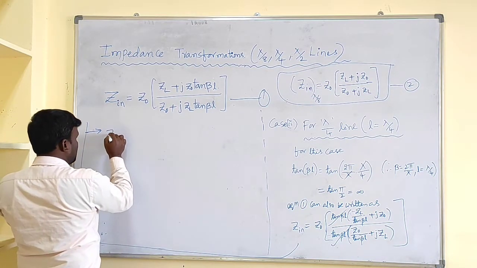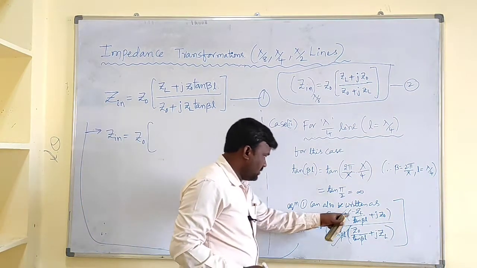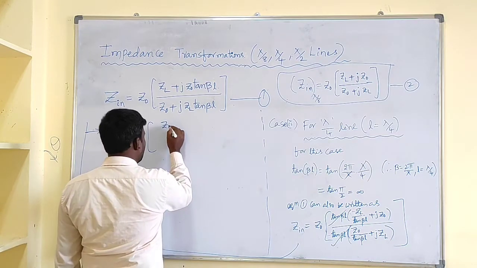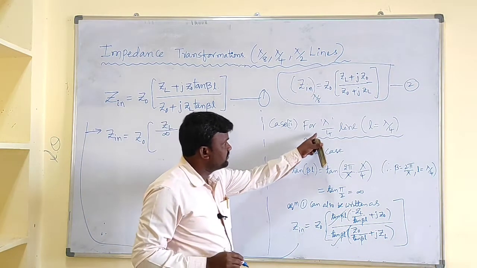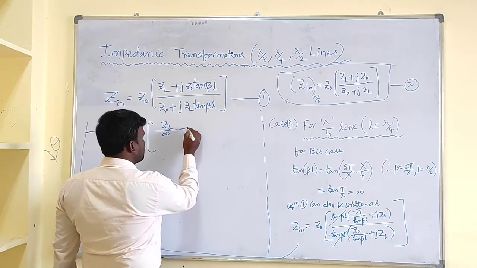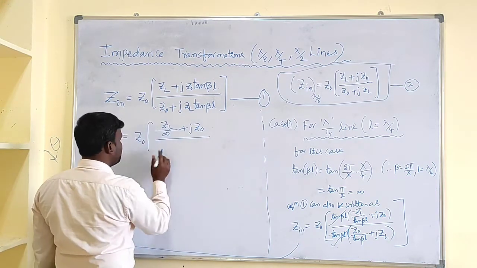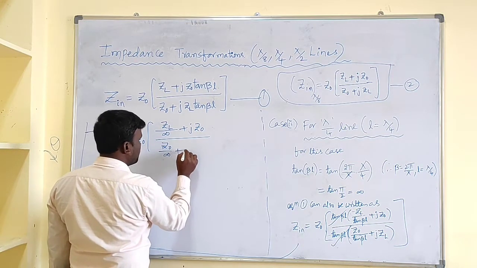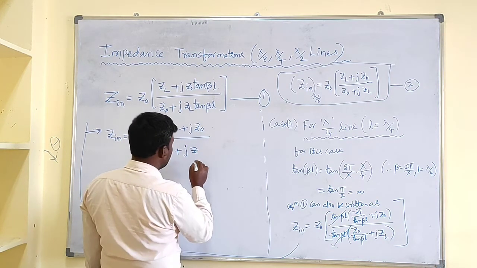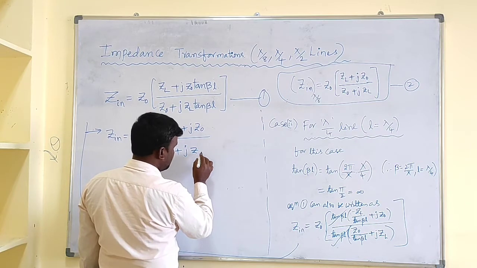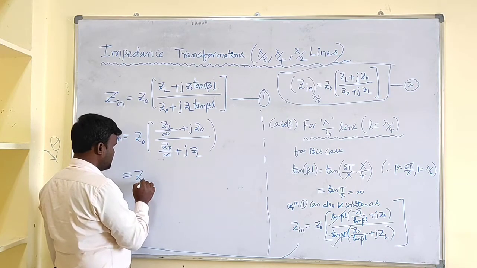So Zin is equal to Z0 into ZL by tan beta L. What is ZL by tan beta L? That is infinity for the lambda by 4 line, plus jZ0, and here we got Z0 by infinite plus jZL.